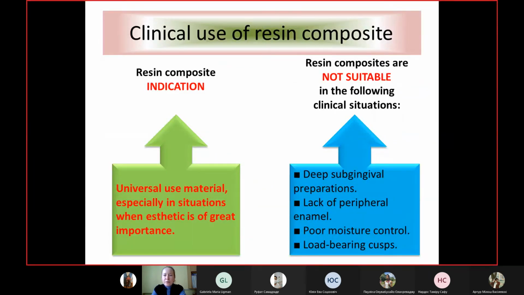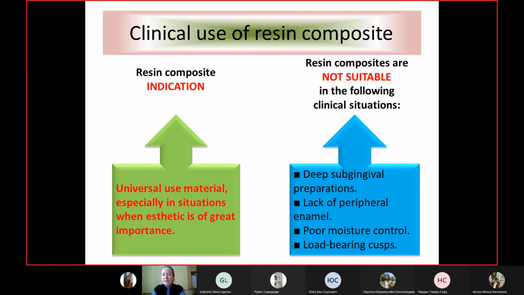Clinical use of resin composites. They are indicated in different cases. It is considered to be universal use material, especially in situations where aesthetic is of great importance. We should pay attention to situations in which resin composites are not suitable, and they are as follows. Deep subgingival preparations, because it's hard to provide good moisture control.